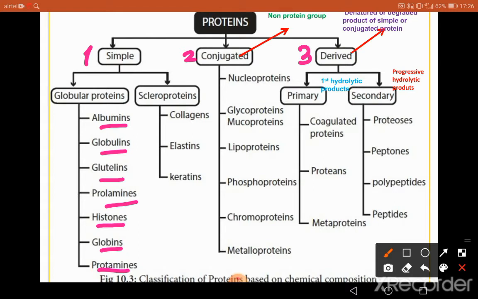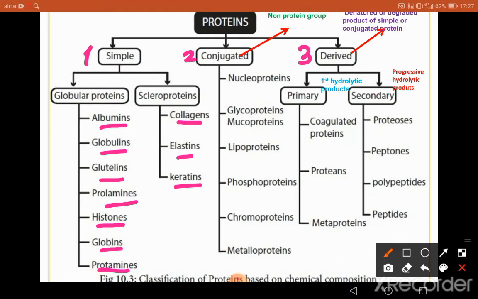Globular proteins are soluble, and scleroproteins are non-soluble proteins. They can be collagen, elastins, and keratins. Collagen is an abundant protein and is the cementing material. Keratin is present in nails and horns, and elastin is present in connective tissue.